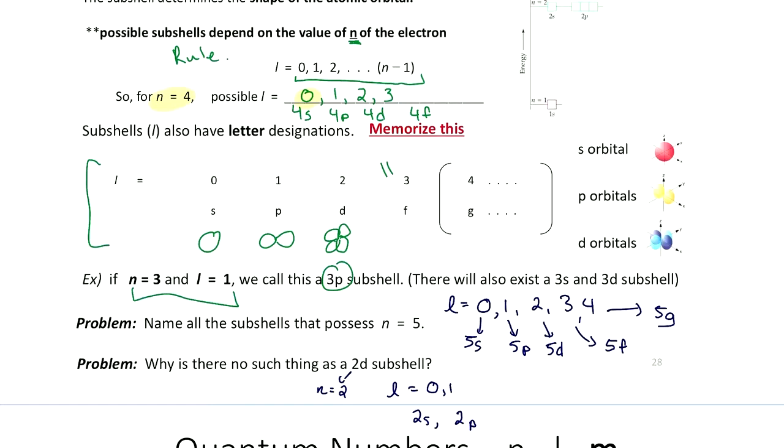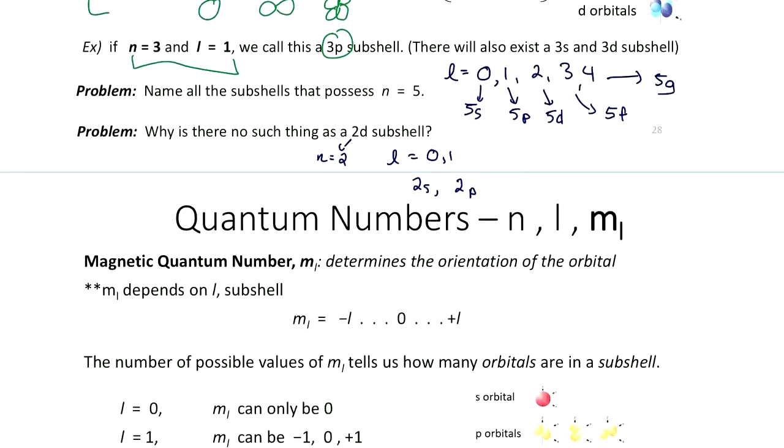So that's why we cannot have a 2d, right? Because l of 2 is not accessible at that energy level. So what n level do d orbitals open up for us? 3. It opens up at 3. And that'll be useful for us in a little bit when we look at electron configurations.